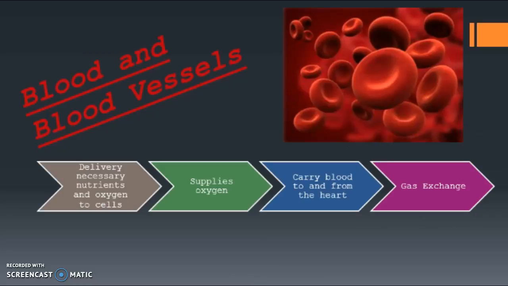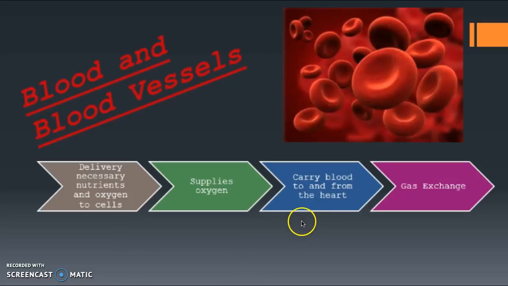So blood plays an important role in regulating the body's systems and also maintaining homeostasis. It performs many functions within the body, including supplying oxygen to the tissues, supplying nutrients such as glucose, amino acids and fatty acids, either dissolved in the blood or bound to plasma proteins.